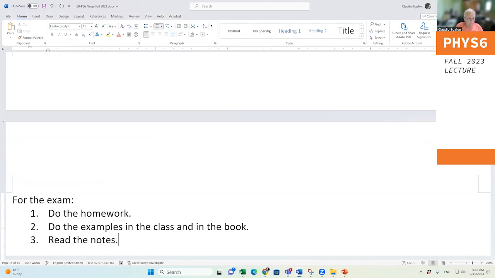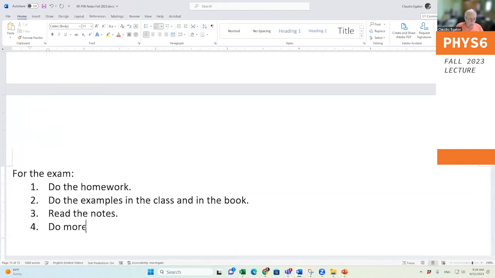Read the notes. Okay, this is the bare minimum that you have to do for the exams. And then if you have time, do more problems outside the homework and the examples.